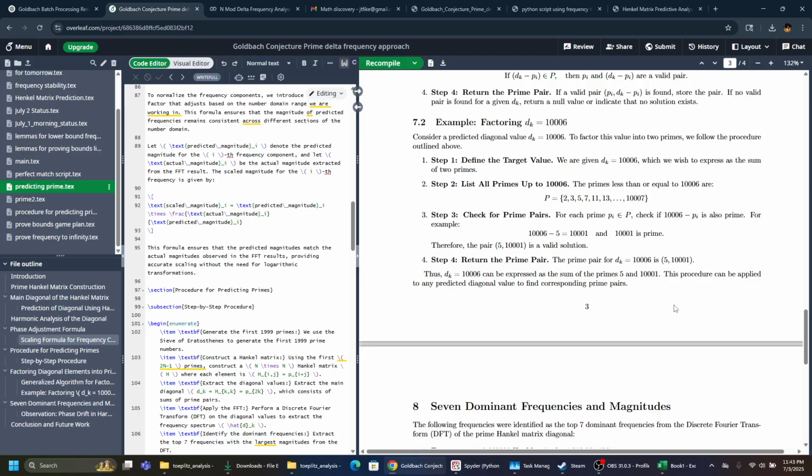Or at minimum, it narrows down how to find the next largest prime number, because you know that there are two prime numbers that equal that, and there's a real high chance that one of those two prime numbers is a new one.